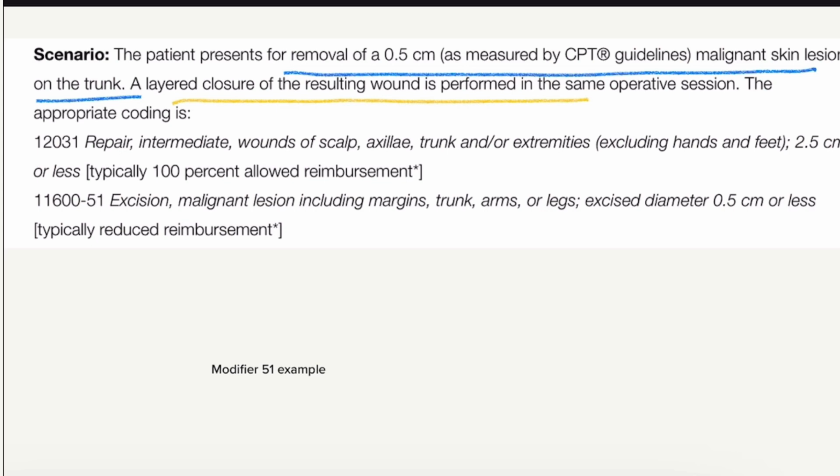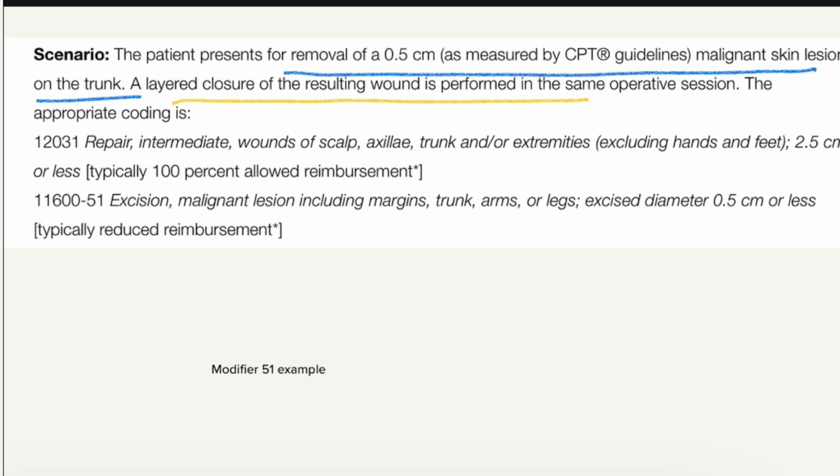As per the modifier 51 policy, list the highest paid procedure first. In these two procedures, the excision and layered closure, the highest paid procedure is layered closure. So first list 12031, repair intermediate wounds of scalp, axilla, trunk and/or extremities excluding hands and feet, 2.5 cm or less.